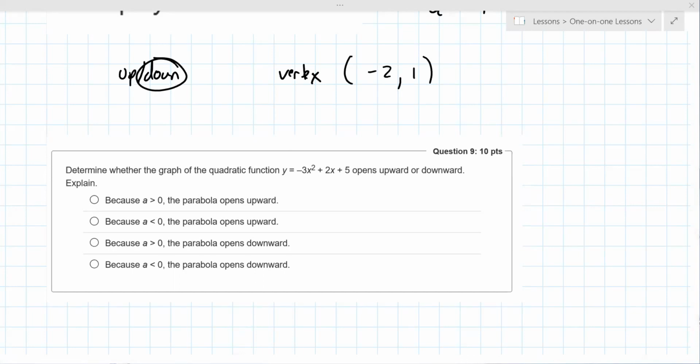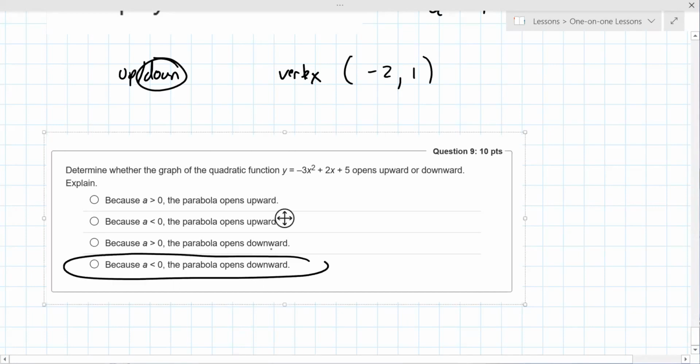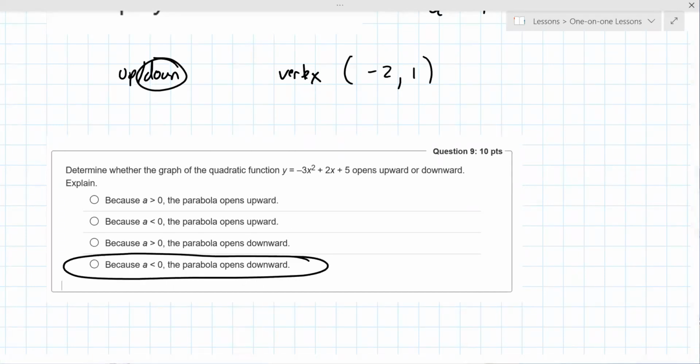It opens down because a is less than 0. Okay, so a is less than 0, so does it open up or down? Down. All right, so what's the correct answer? C. I mean, sorry, D. Sorry, I'm looking at the wrong one. Okay. All right, next question here.